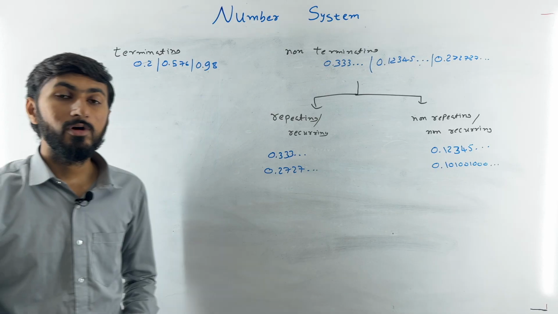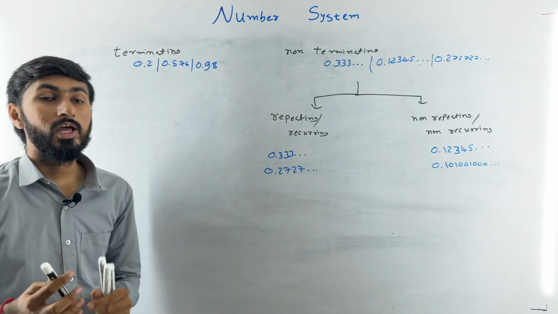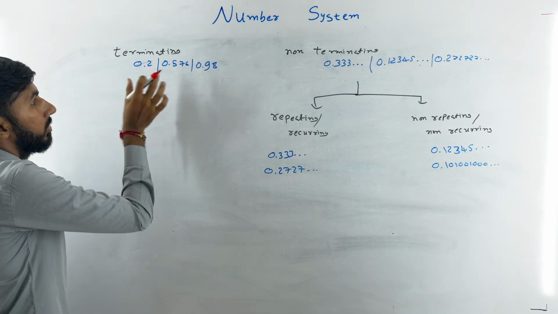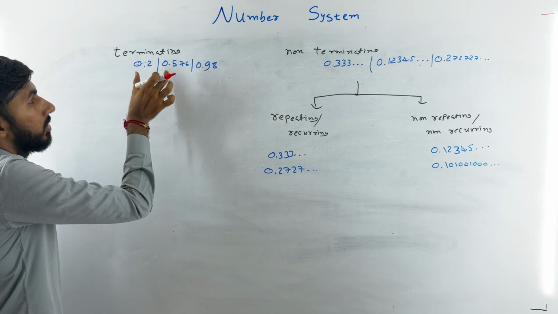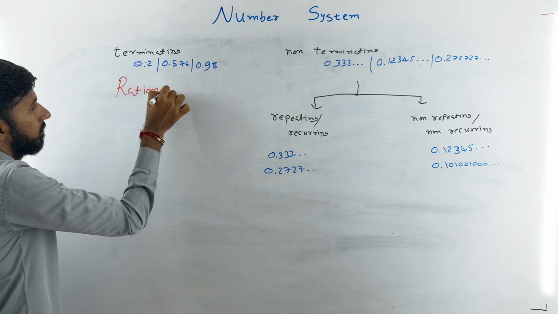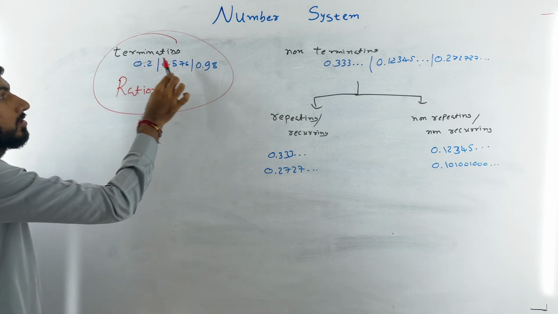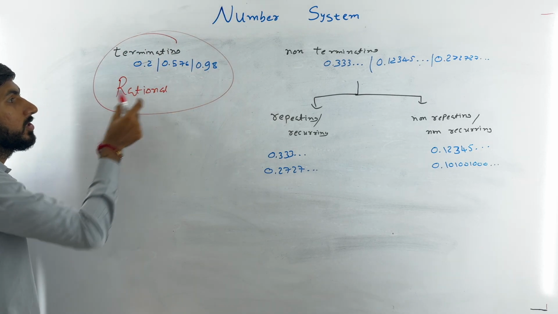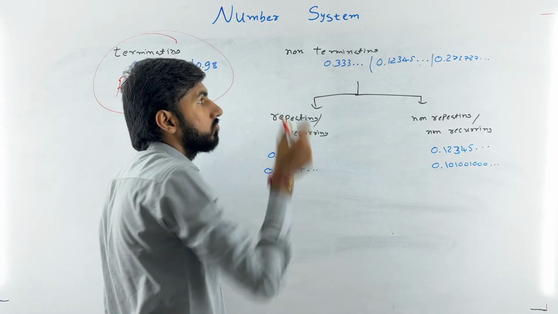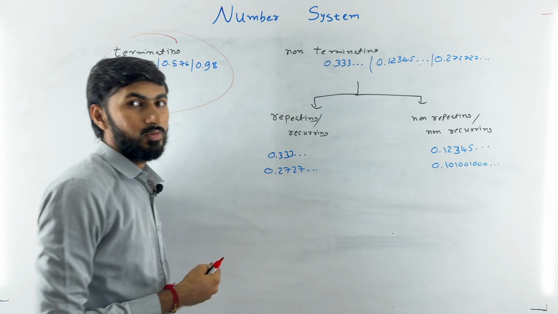Now you can identify whether the number is rational or irrational just by these three types of decimal expansions. If you ever find a decimal expansion that is terminating, that means the number is rational. If the decimal expansion is non-terminating, then you have to look at the digits after the decimal point.